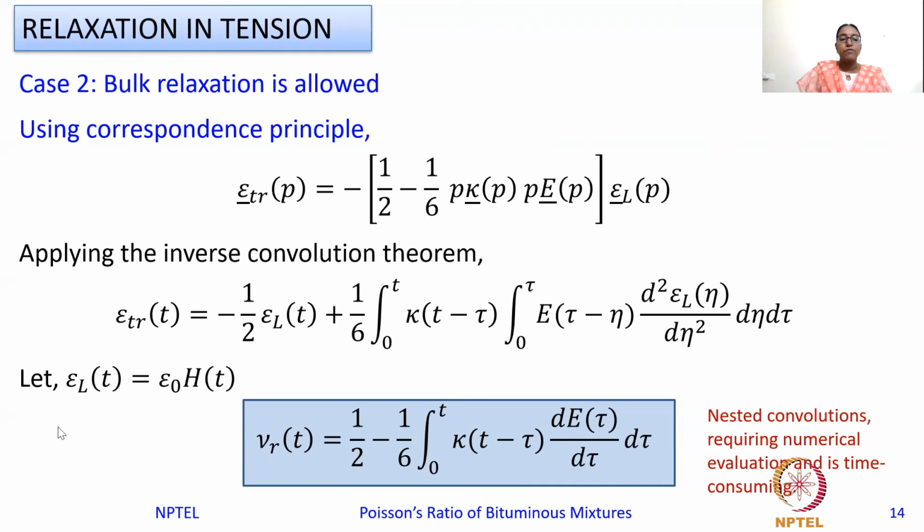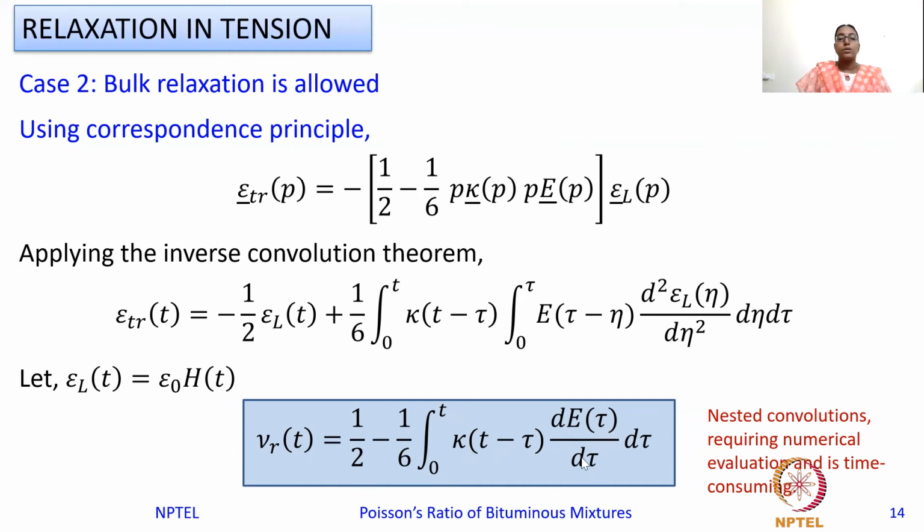Now substituting for epsilon LT is equal to epsilon 0 HT, and calculating the Poisson's ratio as minus of the transverse strain divided by the longitudinal strain, you get the expression as half minus 1 by 6 integral 0 to t k t minus tau d e t tau by d tau into d tau.